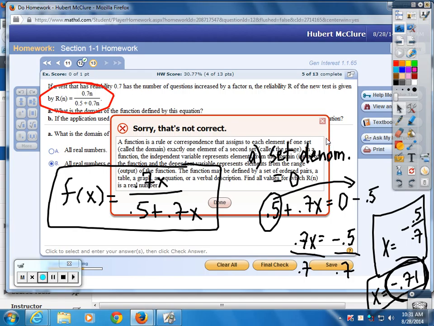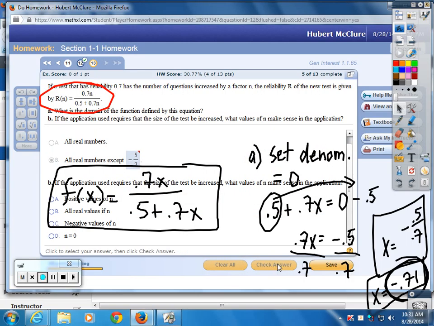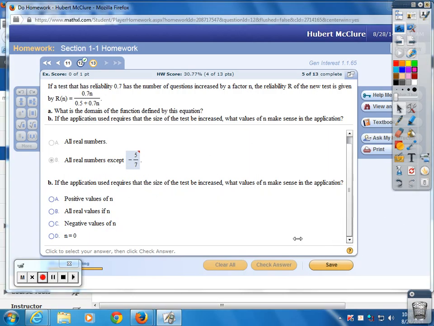I've noticed that 0.7 times negative 0.7, negative. Why did they get 5/7? No, it's negative 5/7. I got negative 0.5, did I not? Okay, y'all need to divide that last one.